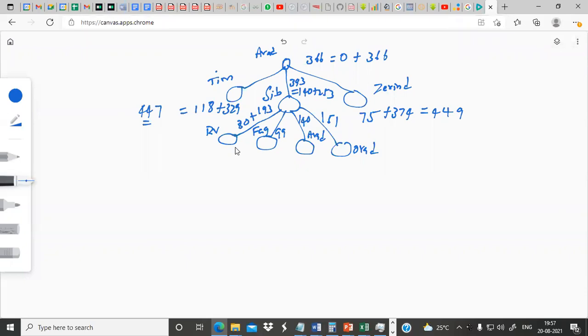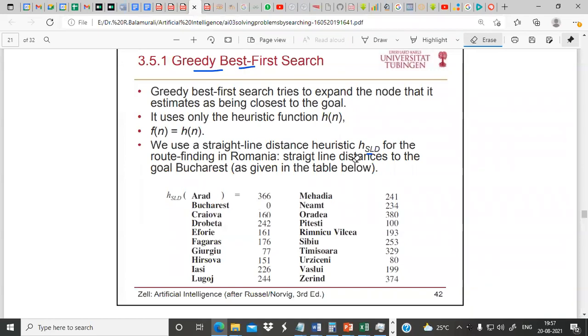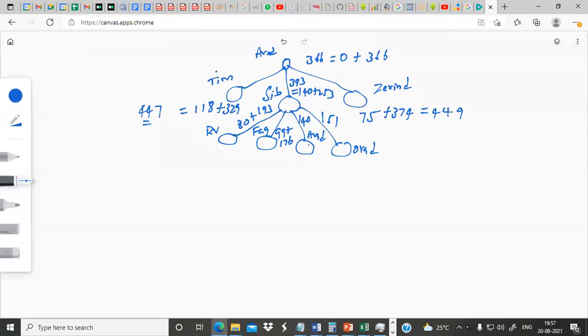So it is 99 plus 176. Okay. And from Arad, what is the estimated cost? Arad estimated cost is 366 here, right? So it is 140 plus 366. I will write here 140 plus 366.